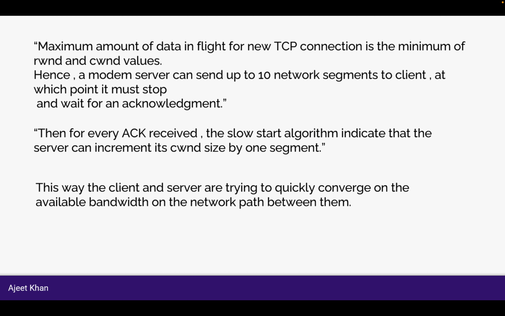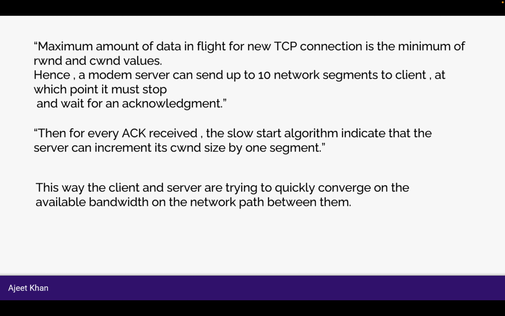Hence a modern server can send up to 10 network segments to the client, at which point it must stop and wait for an acknowledgement. Then for every ACK received, the slow start algorithm indicates that the server can increment its CWND size by one segment. This way the client and server are trying to quickly converge onto the available bandwidth on the network path between them.